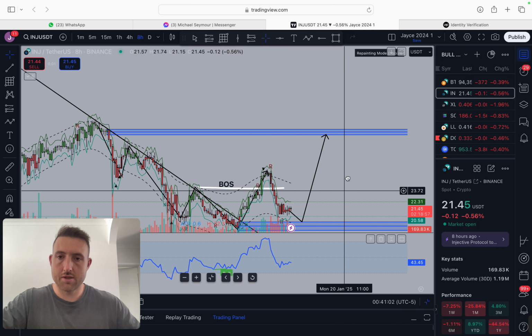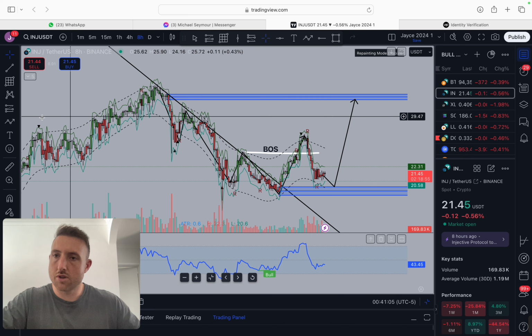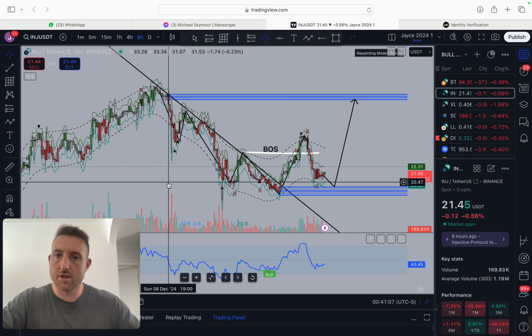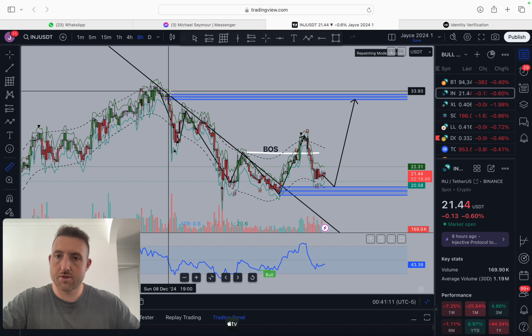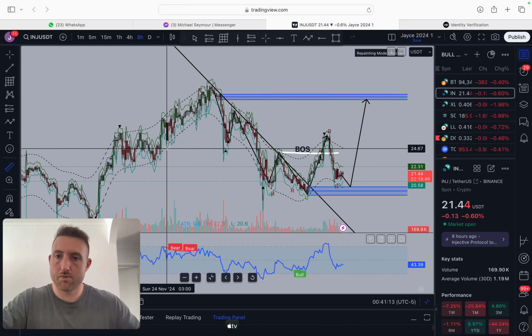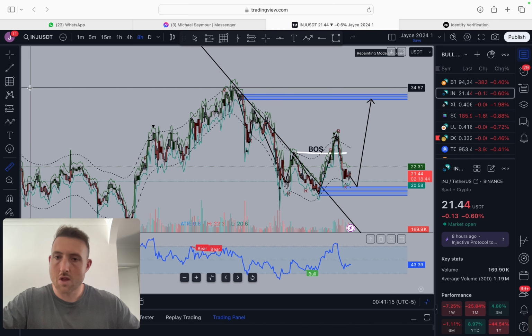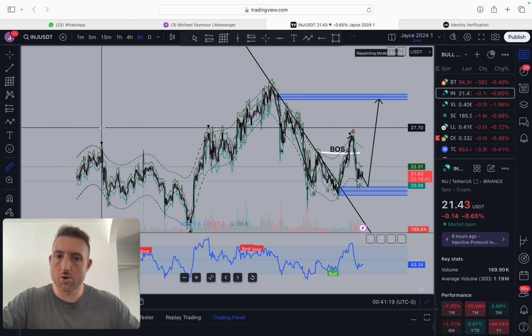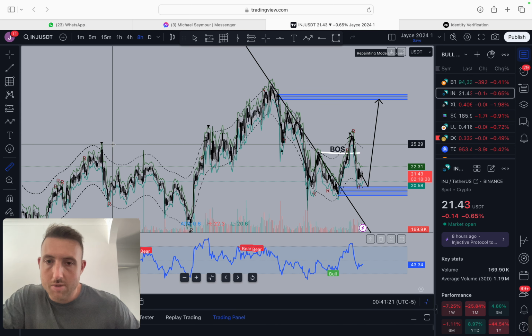But yeah, this is what I'm looking at. So we can see that last time it took us for this crash, and that's another thing, it's the order block that it usually comes to fill at the bottom of the move.